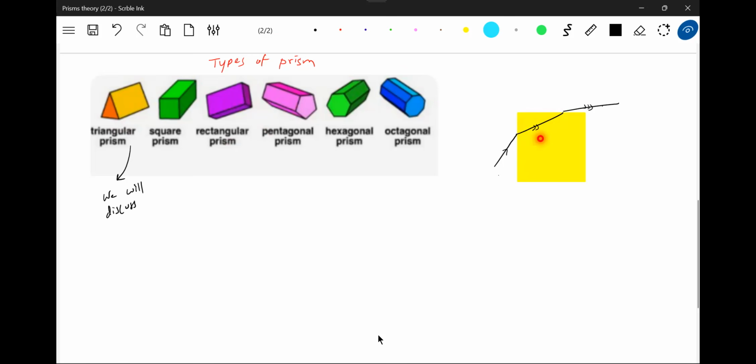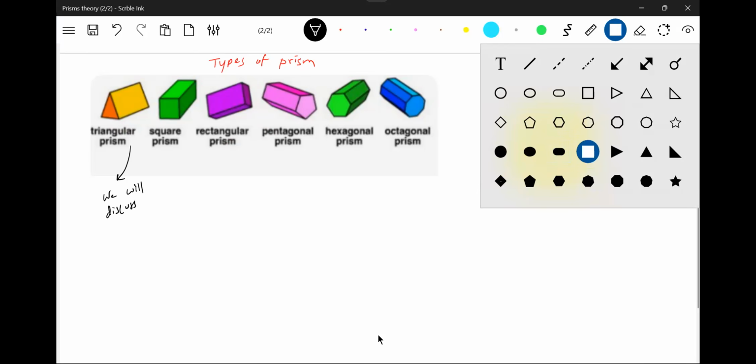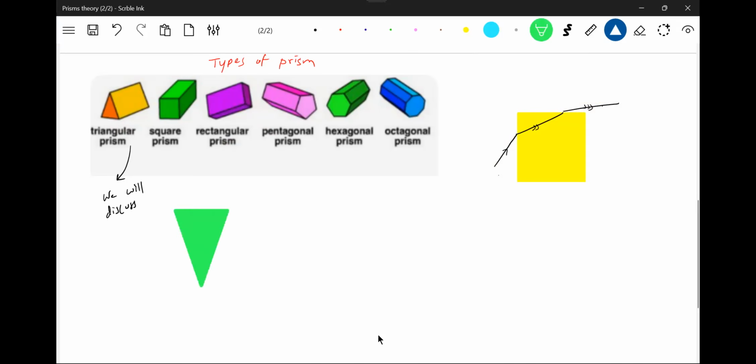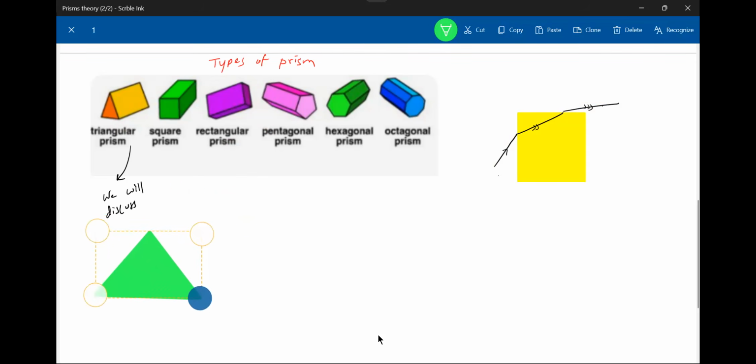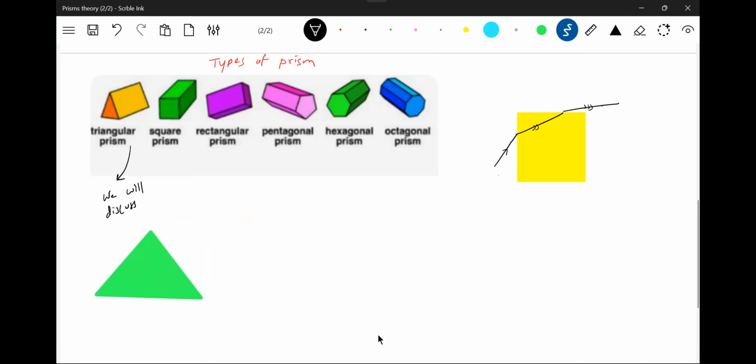Okay, so the ray will be, I'll just show, okay, this one already the triangular prism. A ray of light will come here.